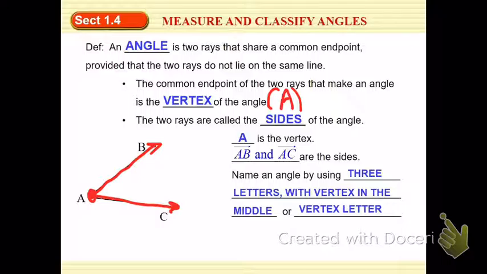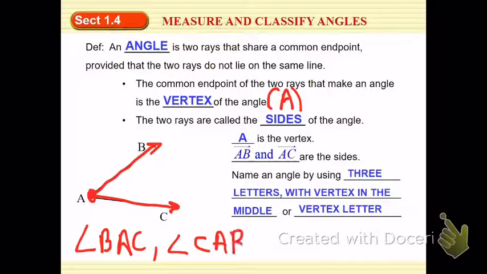And you name an angle by using three letters with the vertex letter in the middle. This is very important. I can name this angle BAC, or I can name it angle CAB. Right? I cannot name it angle ABC.